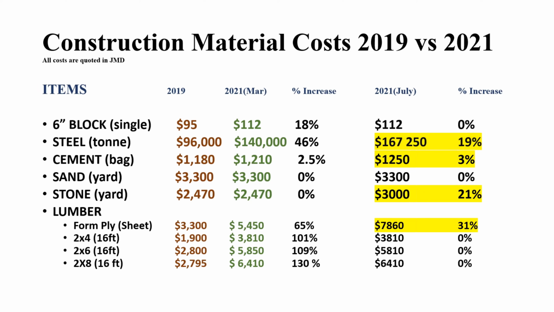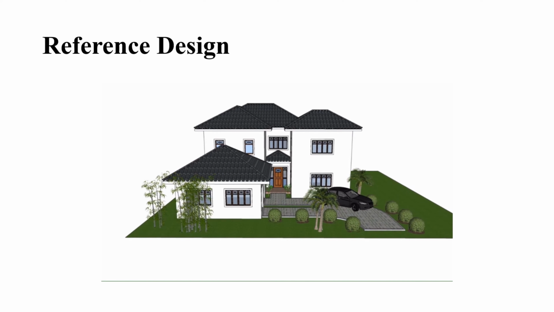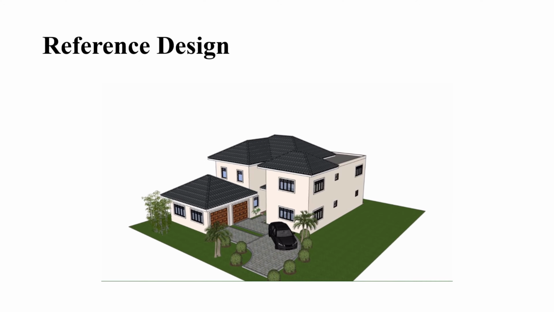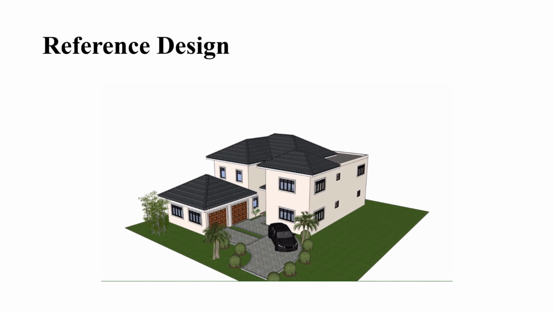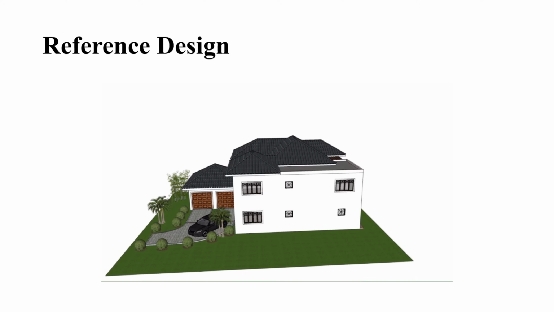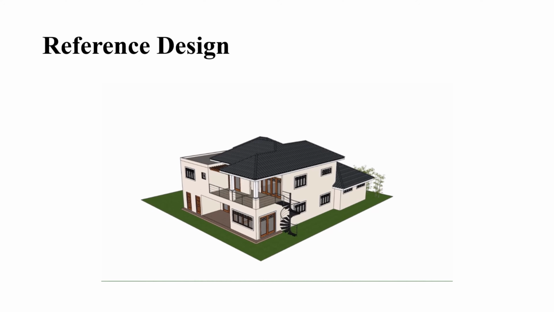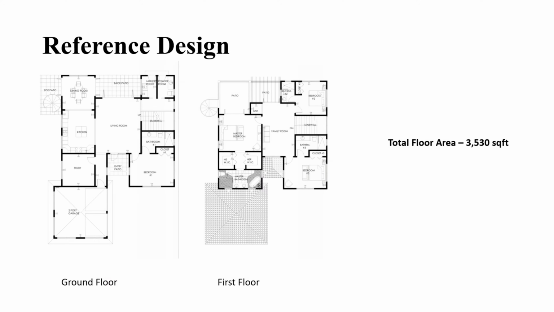Obviously, these cost increases will affect the overall cost for a project. So back in March, I used this house as a reference and we worked out what it would cost to construct. Today we are going to do the same to see how the current increases in material costs has affected construction.